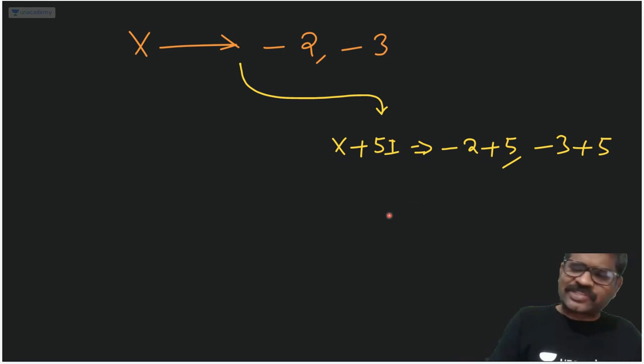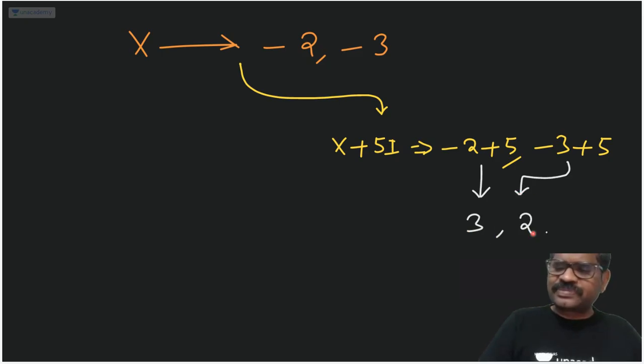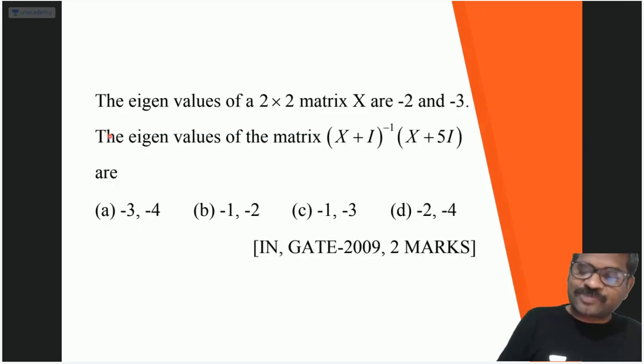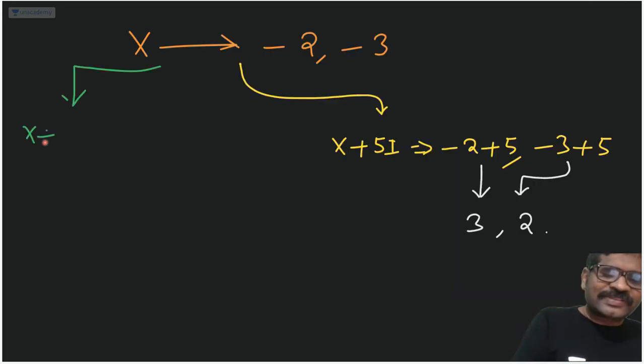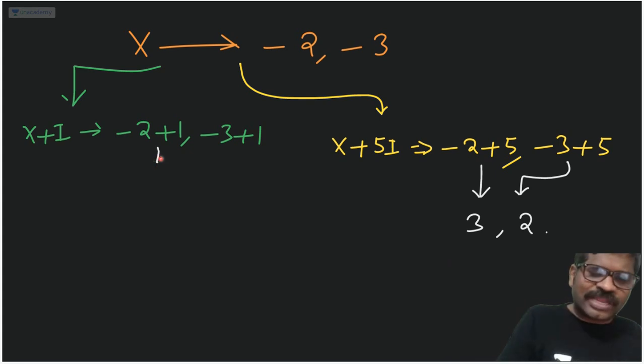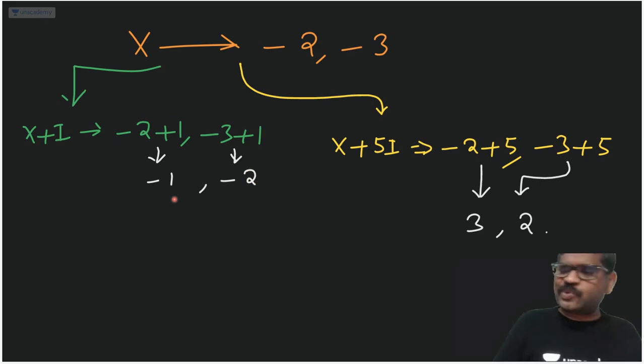-2 plus 5 is 3. -3 plus 5 is 2. So 3 and 2. Now, if eigenvalues of X are -2 and -3, what about eigenvalues of X plus I? -2 plus 1 is -1, -3 plus 1 is -2.